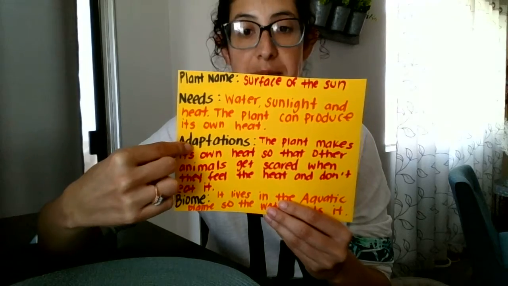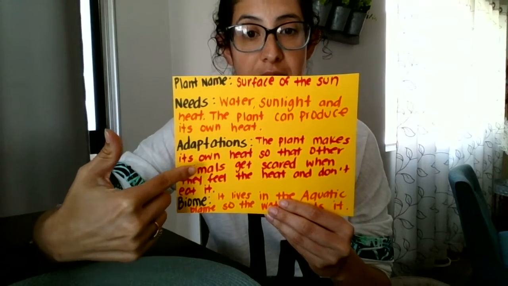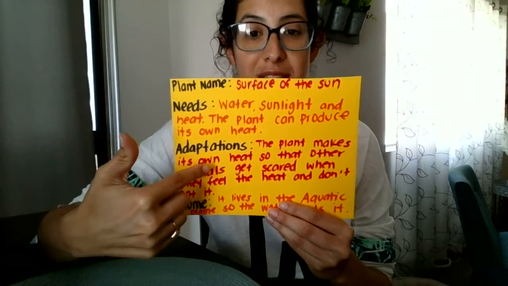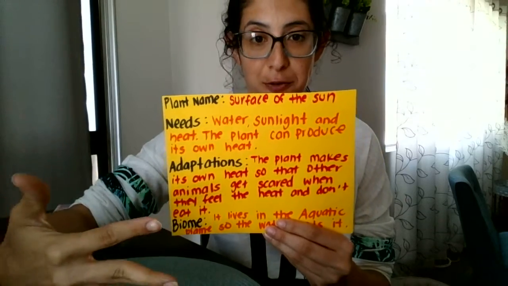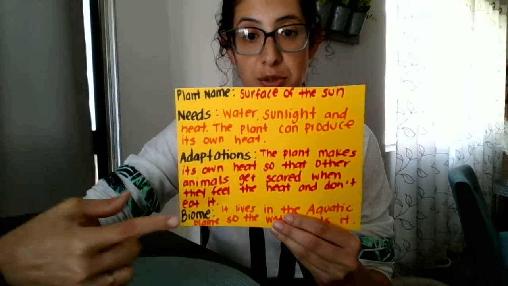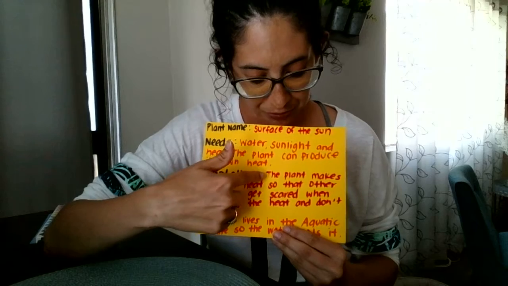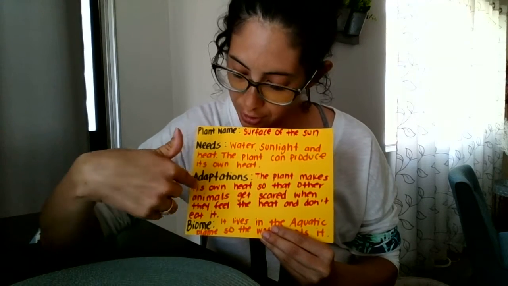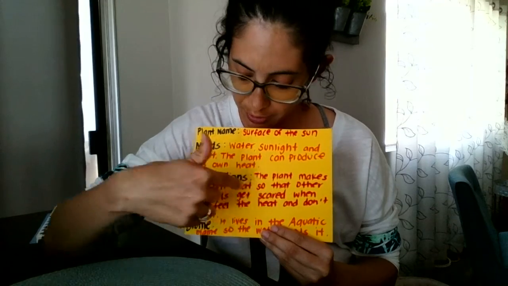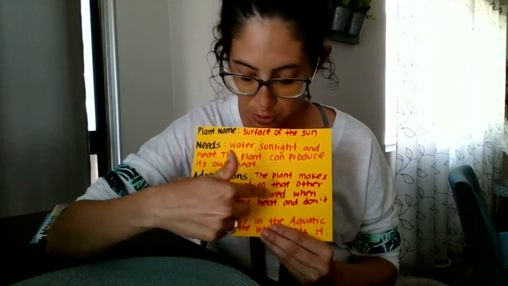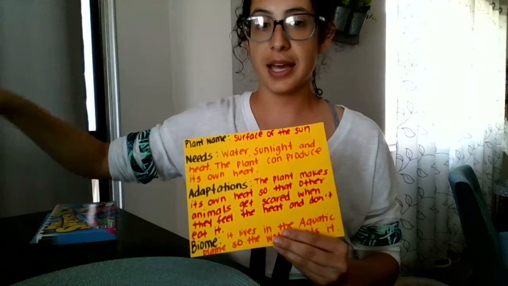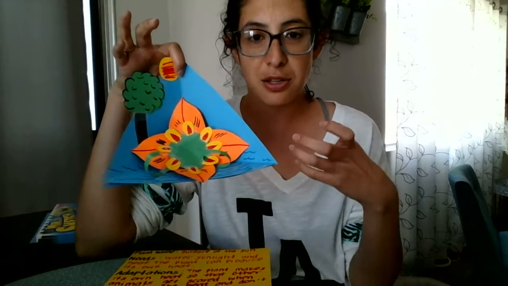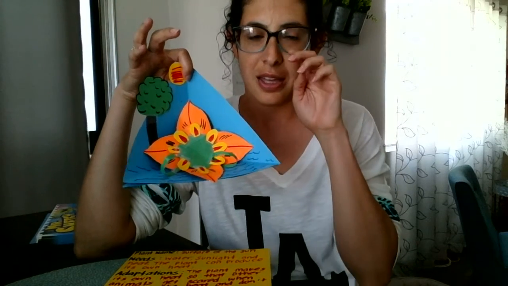Now, here are the adaptations. What does this plant have in order to protect itself from its environment or the animals around there? It says the plant makes its own heat so that other animals get scared when they feel the heat and don't eat it. As the animals get close to my plant, they start feeling some heat and they say, whoa, that's hot.